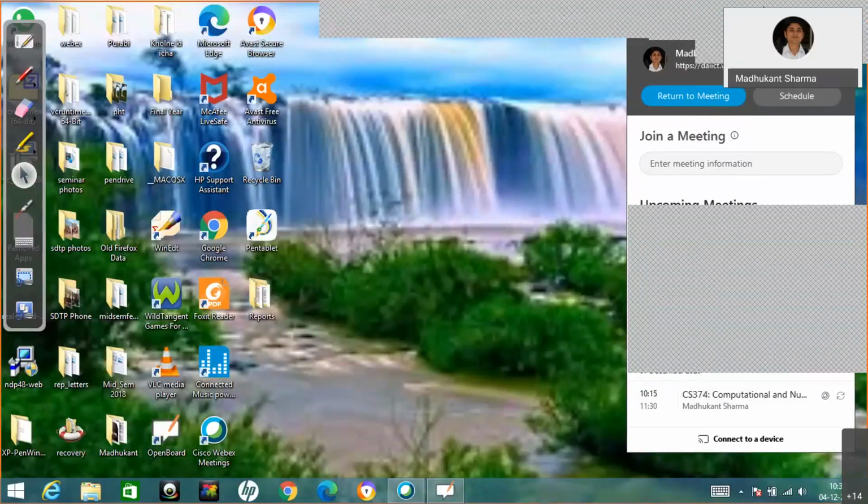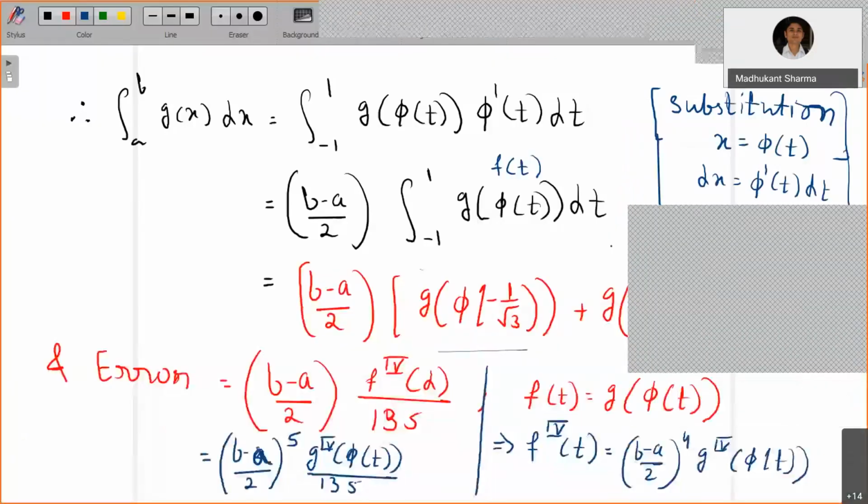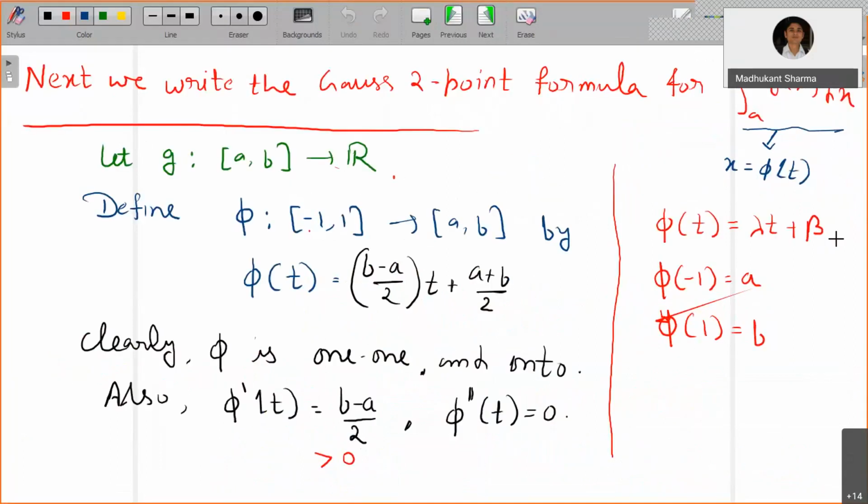So x equals phi of t. We have made a substitution here. We can interchange the limits to -1 to 1 for a general interval integration a to b. So phi is a one-to-one onto correspondence between -1 to 1 and a to b, which is defined by this.